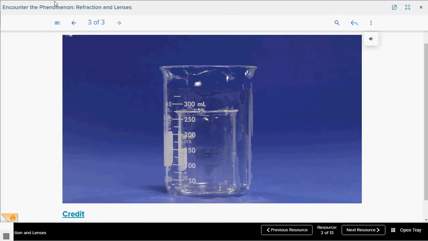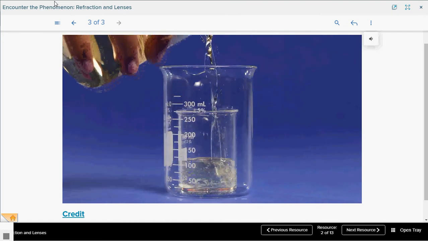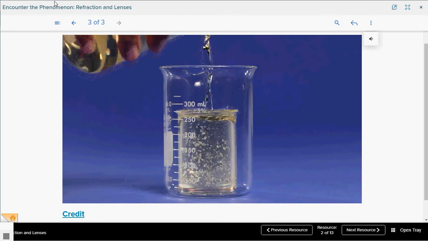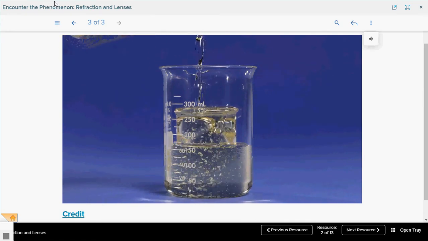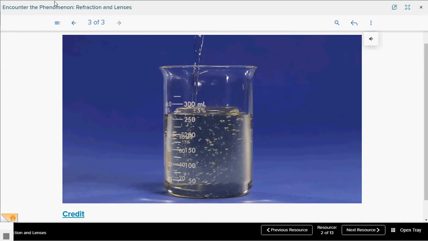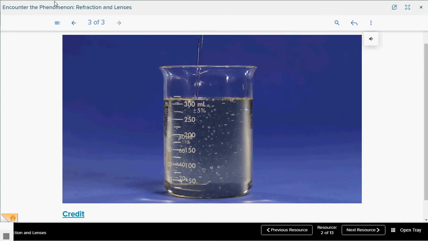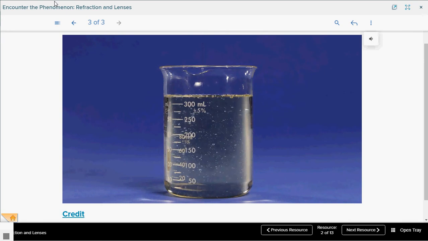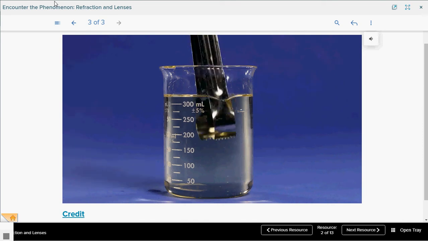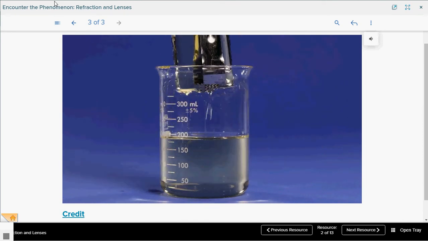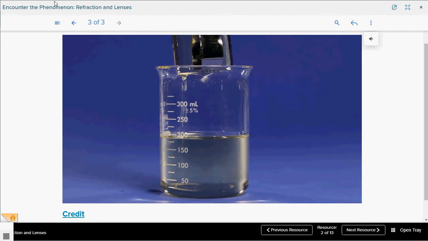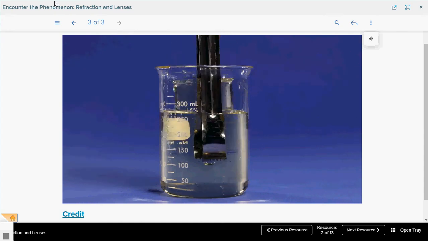And look at this small beaker inside a bigger one, and adding some oil. But the smaller one doesn't disappear. Observe what happens. So it's present, it does not disappear.